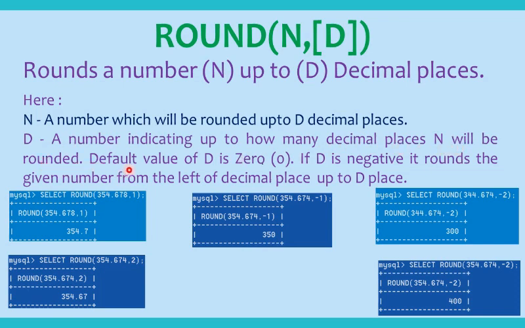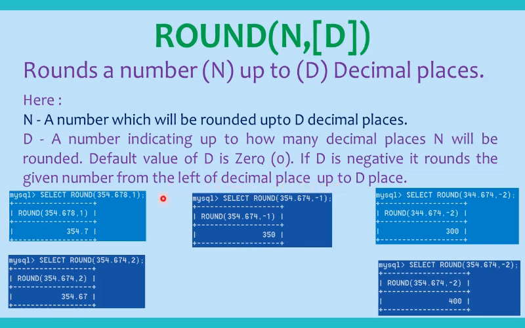Default value of d is, as already we have discussed, 0. Now see, d may be positive or negative also. If we take negative, then the given number is rounded from the left of decimal place up to d place.